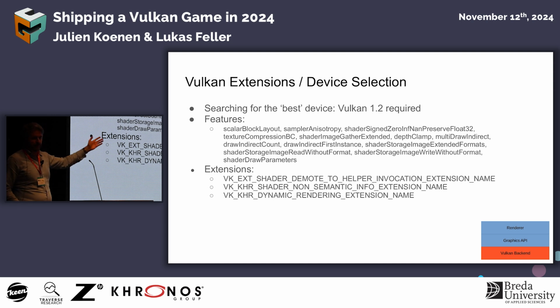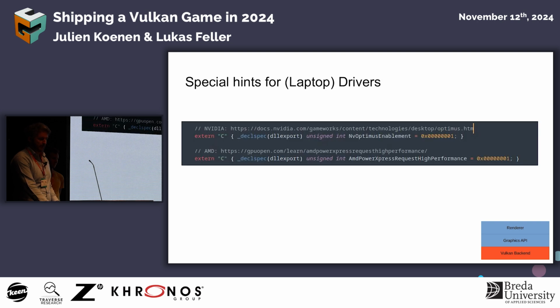And we search for all these features, and if these are not available, then we don't consider this device. There's a couple of extensions that we need. And then after that, we assume that devices are ordered in the priority that the user expects them to be selected, or the driver expects them to be selected. So we basically take the first one that fulfills the requirements.